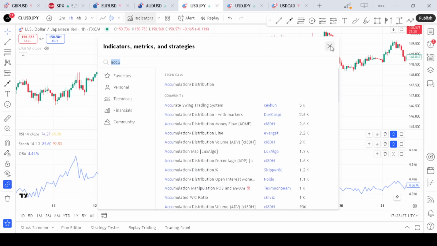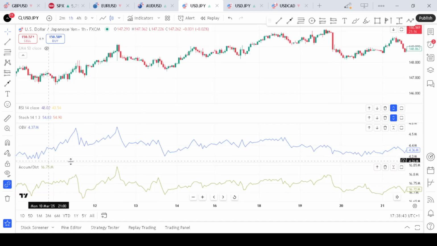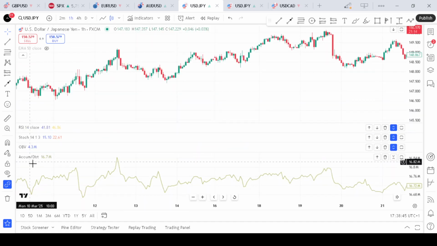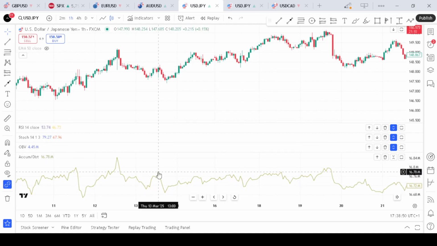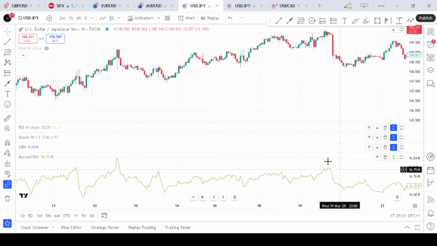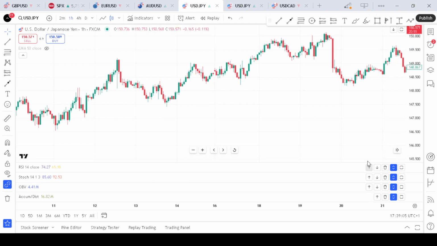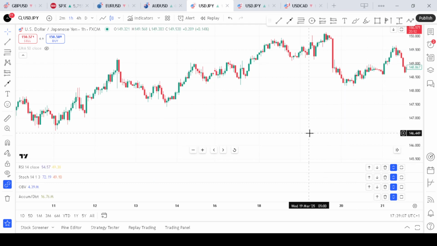This indicator combines both price and volume data to determine whether an asset is being accumulated or distributed. So these are examples of a few volume-based indicators we can use as leading indicators during our day trading.